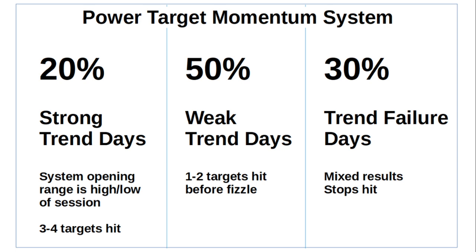The main thing to keep in mind here to get started, just to preface our conversation for today, is the power target momentum system is a very mechanical, formulaic type of system. It's not using all kinds of moving averages, trying to jump onto supposed types of setups. Instead, it lays out the levels and analyzes the market profile at the beginning of the session, looks at some of the pre-market activity, and creates a market profile early on.